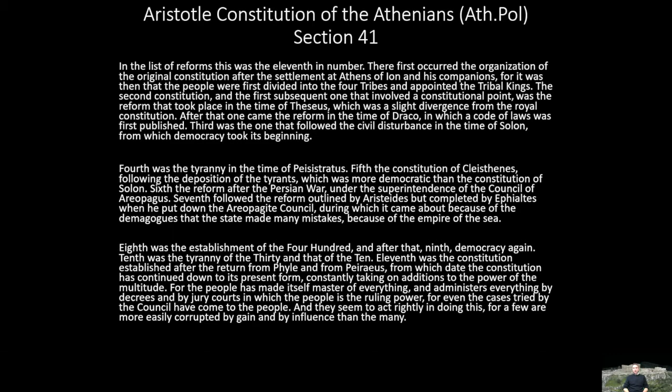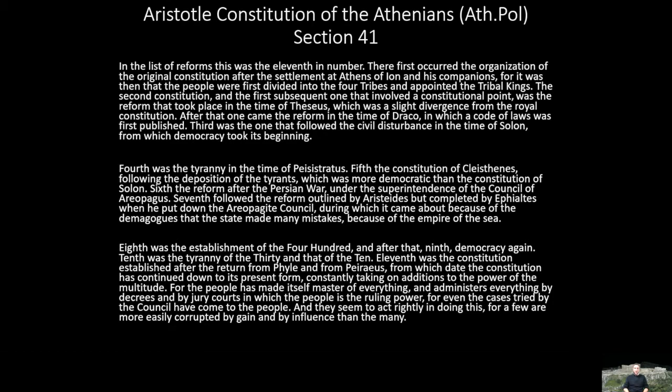There first occurred the organisation of the original constitution after the settlement at Athens of Ion and his companions. For it was then that the people were first divided into the 4 tribes and appointed the tribal kings. So this is the first constitution of Athens. The second constitution, and the first subsequent one that involved a constitutional point, by this I think he means a kind of actual setup of laws, was the reforms that took place in the time of Theseus, which was a slight divergence from the royal constitution.